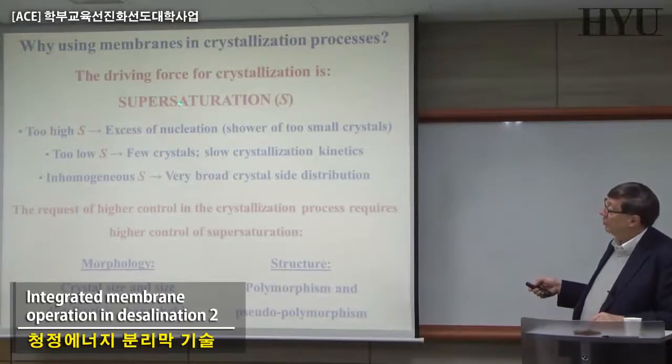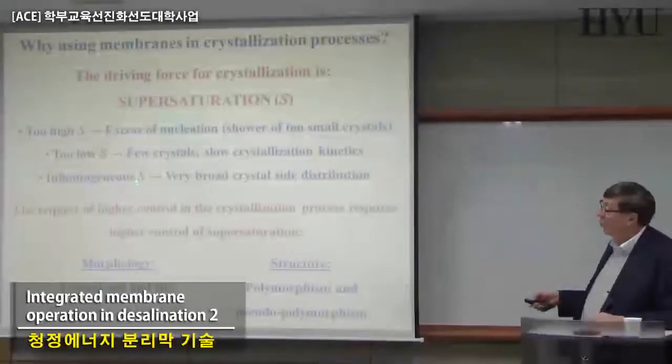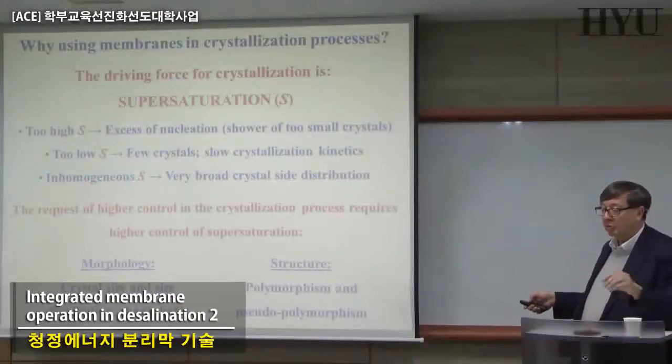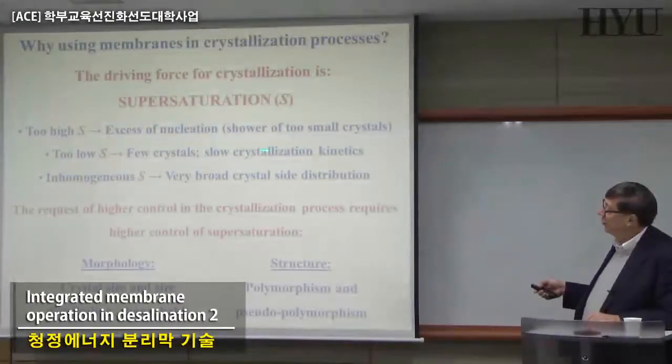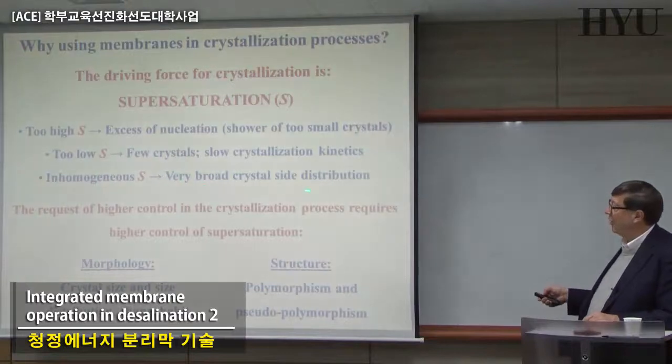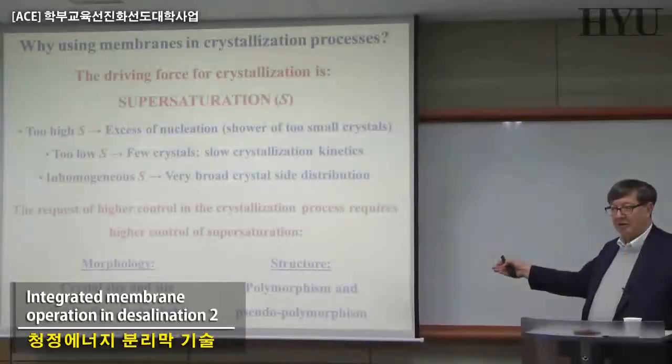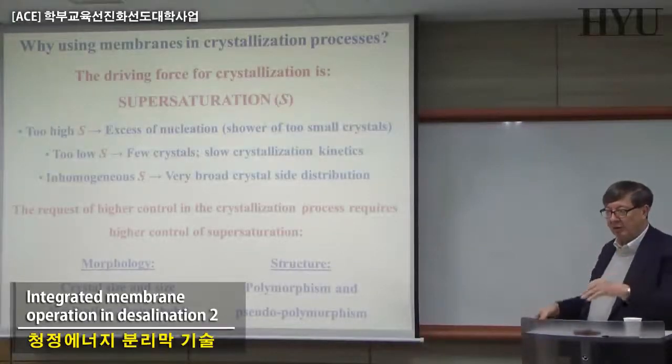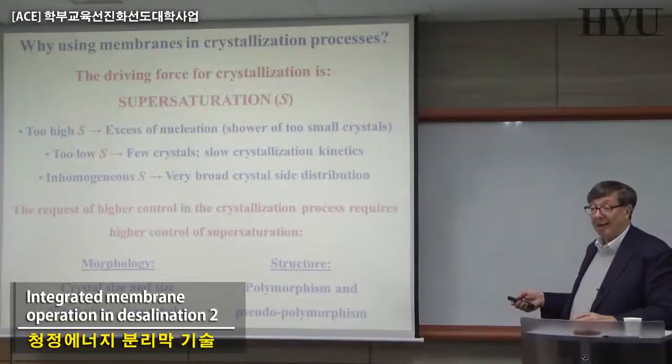And if you don't control this one, if you have too high or too low or non-uniform supersaturation, you can have this shower of too small crystals, you have very slow kinetics in the production, you have a very large size distribution, crystals big, small, etc. Not easy to control at all.